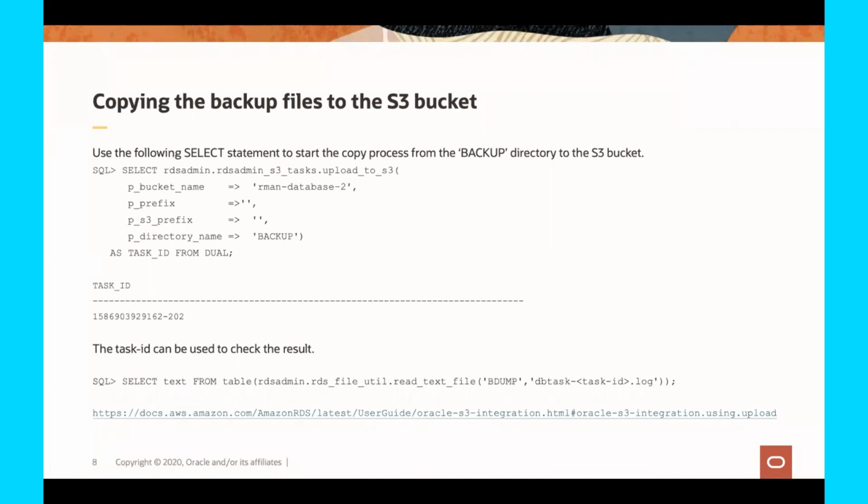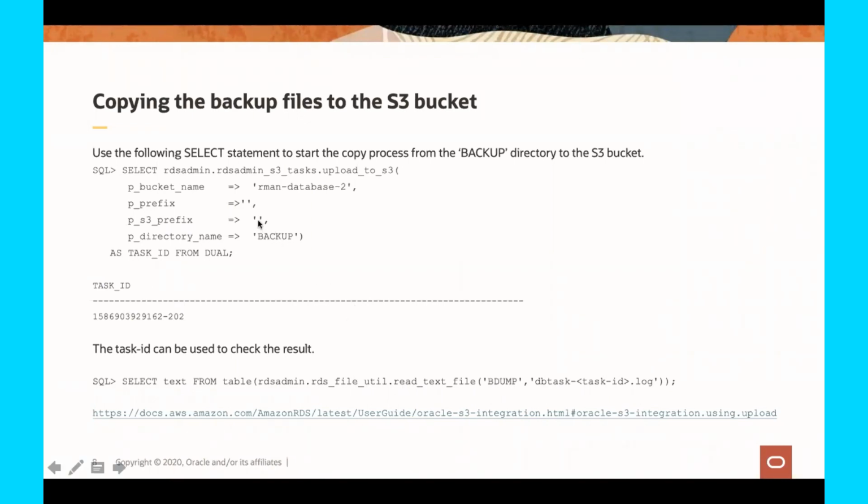If there are only some things that we want to copy, then you can use it. But in our case, I'm assuming we created this bucket for this purpose, and there's nothing else in there. So we're going to copy everything. And also, we don't want to add any prefix in front of it.